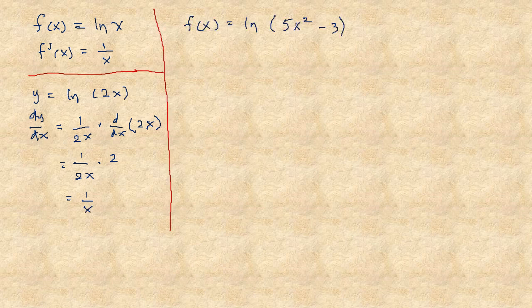Now, if we have function f(x) equal to ln (5x squared minus 3), and we want to differentiate this function, f prime x will be equal to, differentiate ln, we will get 1 over the function in the bracket, 5x squared minus 3. And then multiply by, we will differentiate the function in the bracket. Differentiate 5x squared minus 3.